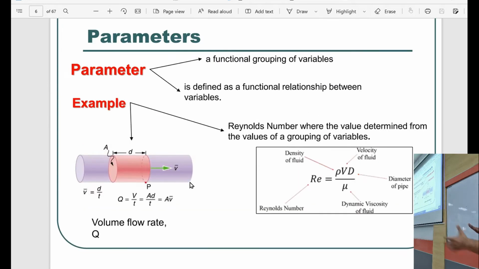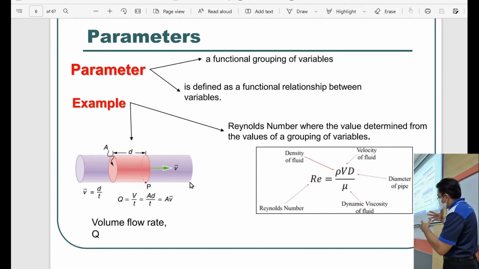So I've also mentioned in the last class about parameters. What are parameters? I think I've shown you a clear example here, for you to understand the difference between parameters and variables. Variables are the physical values that we measure.